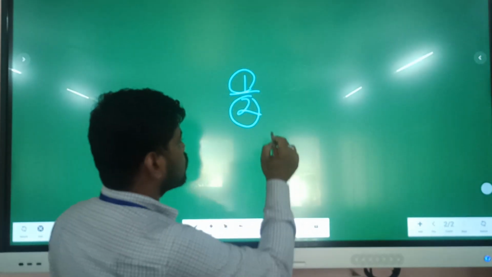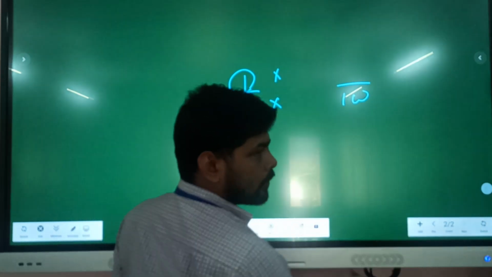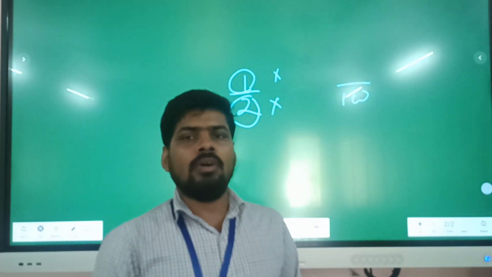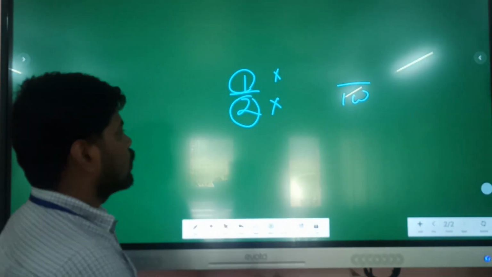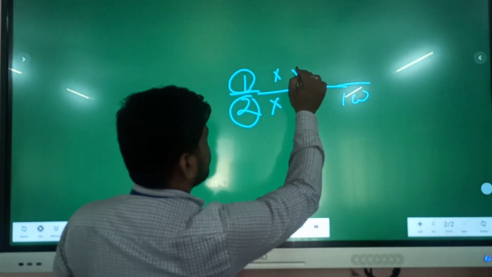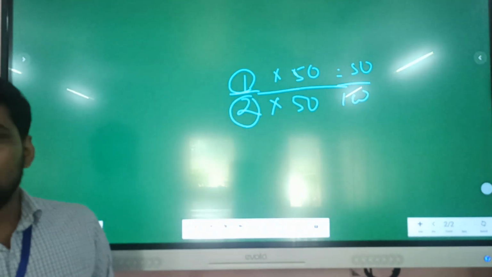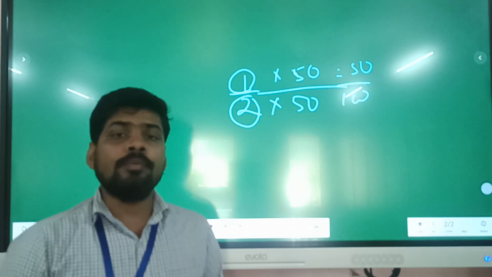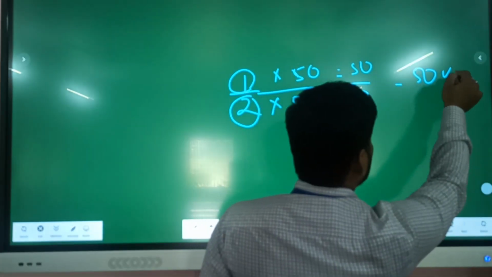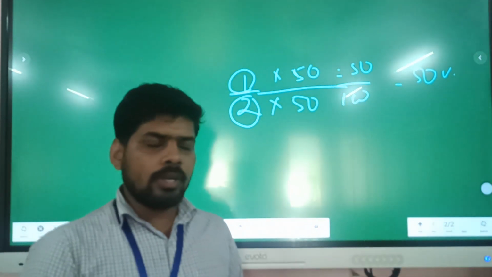This 2 became 100 and 1 will also become something. 100 is 50 times of 2, and 50 times of 1 is 50. So I shall secure 50 out of 100 and it will be called 50%.